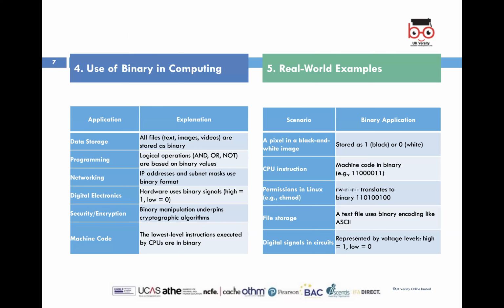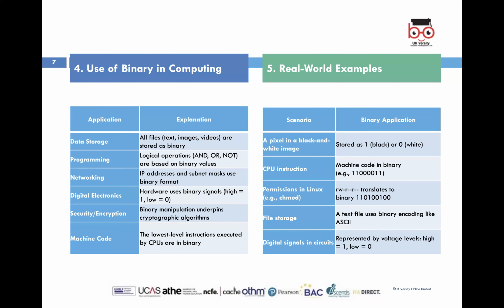Use of binary computing. So, data storage. The explanation of this is that all files, text, videos, and images are stored as binary. Programming: logical operations AND, OR, NOT are based on binary values. Networking: IP addresses and subnet masks use binary format.